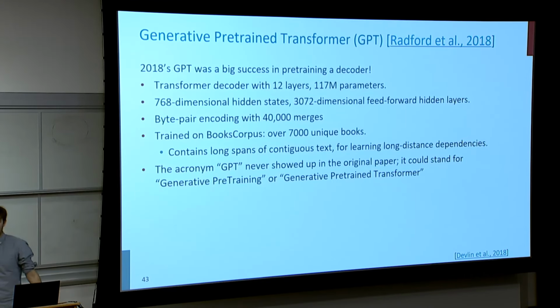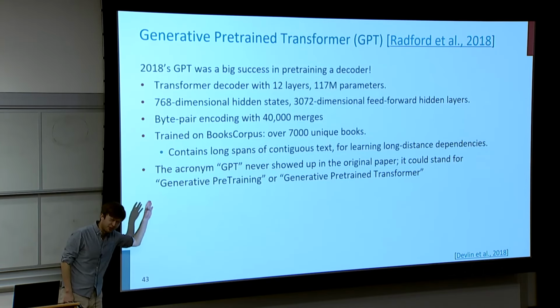So we're coming all the way back to 2018, and the GPT model from OpenAI was a big success. It had 117 million parameters. It had 768-dimensional hidden states, and it had a vocabulary of 40,000-ish words that was defined via a method like what we showed at the beginning of class, trained on BooksCorpus. And what GPT stands for never actually showed up in the original paper.